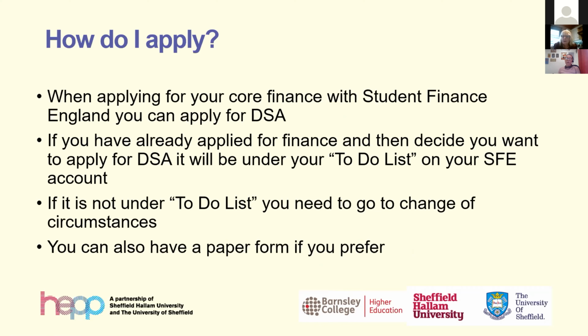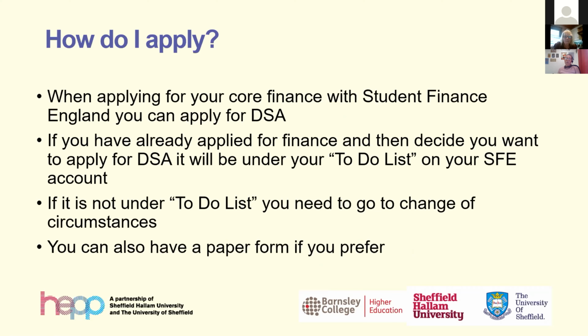There's a couple of ways you can apply for DSA through Student Finance England. You can download a paper application, and if you just search for DSA application form, it'll bring it up, and it'll be a .gov website. You can fill that in on paper and send it off to Student Finance England.